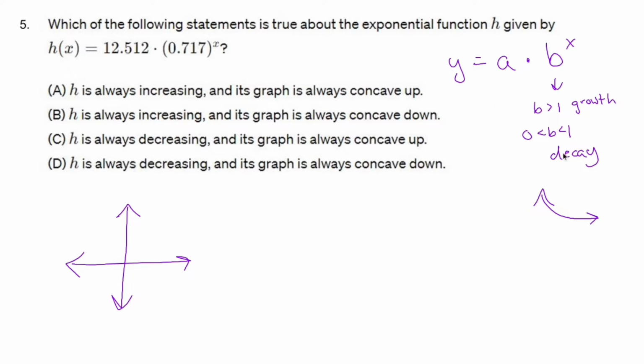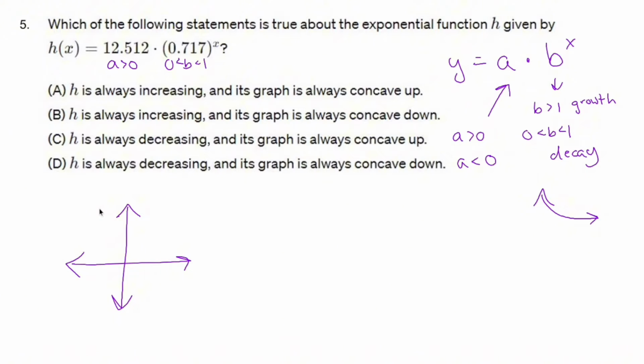Now, if we have decay, what does A do? If A is positive, it keeps it looking like that. If A is negative, it flips things, or better yet, reflects things over the x-axis. In this case, A is positive, but B is in between 0 and 1.